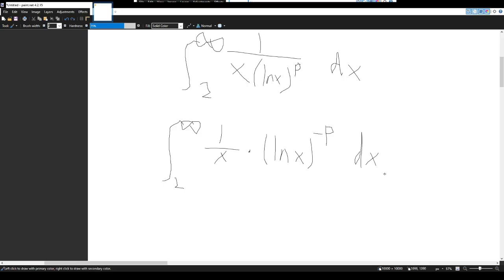Now, something that should stand out is that you have natural log of x and you have 1 over x. And of course, 1 over x is the derivative of the natural log of x.